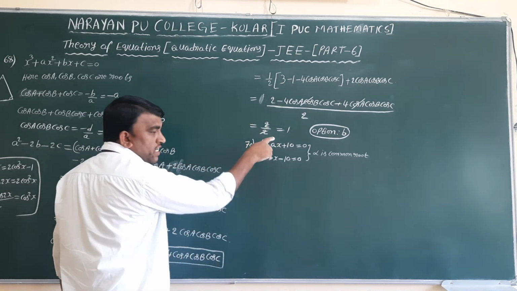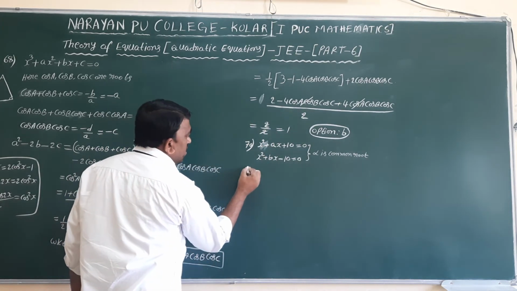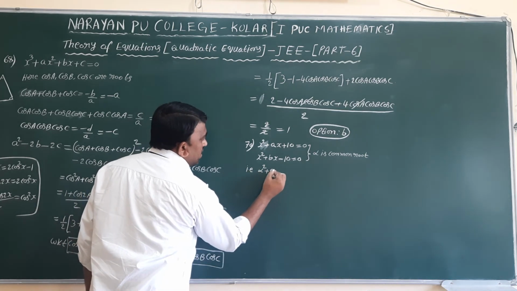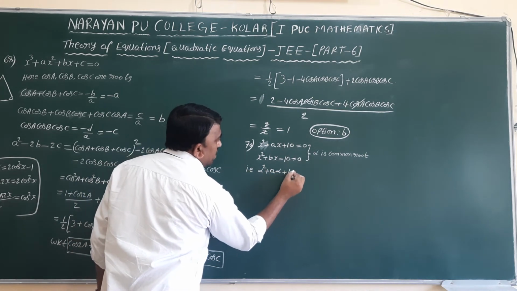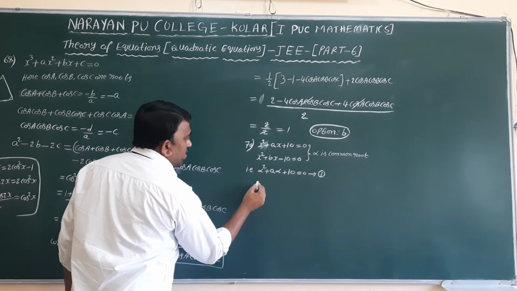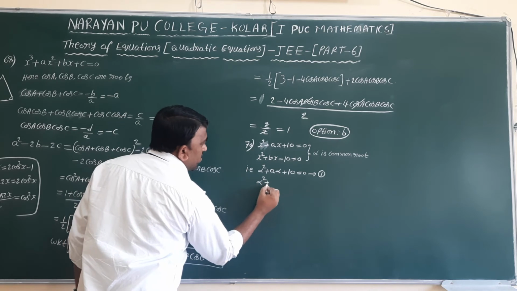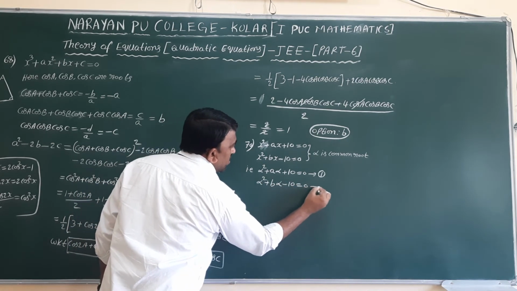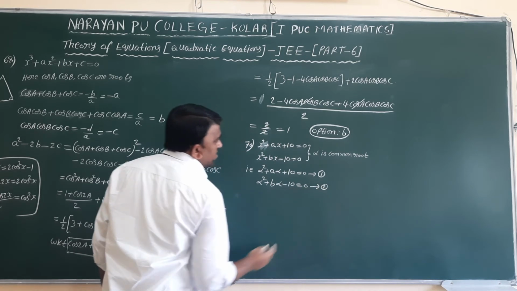Means alpha is satisfying these two equations, that is alpha square plus a alpha plus 10 equal to 0, that is equation 1. Second, alpha square plus b alpha minus 10 equal to 0, that is the second equation.